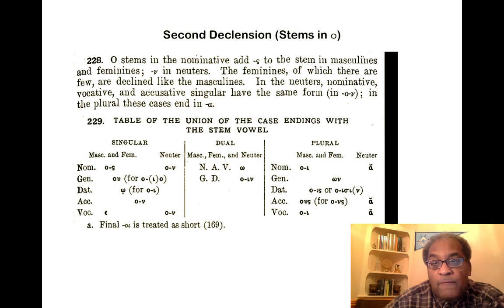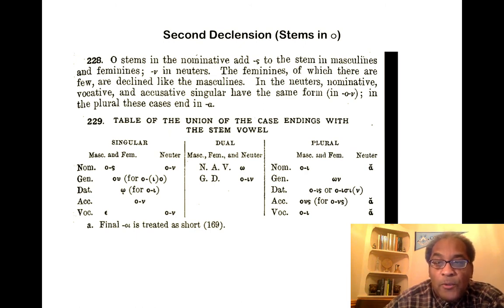But turning to the plurals, in the masculine and feminine, you have omicron iota, oi, and then in the genitive, dative plurals, ois and oisi, either form in Homer, and the accusative plural, ous, of the masculine and feminine, and the vocative matching the nominative in the masculine and feminine of oi.